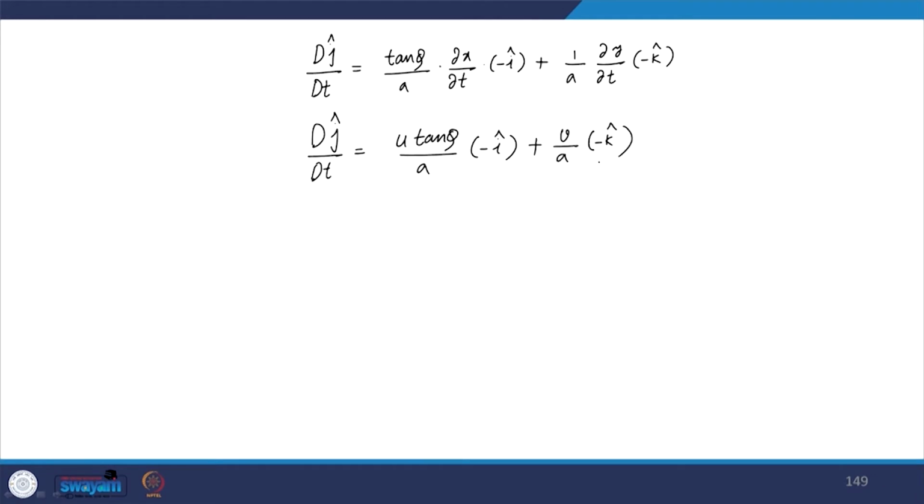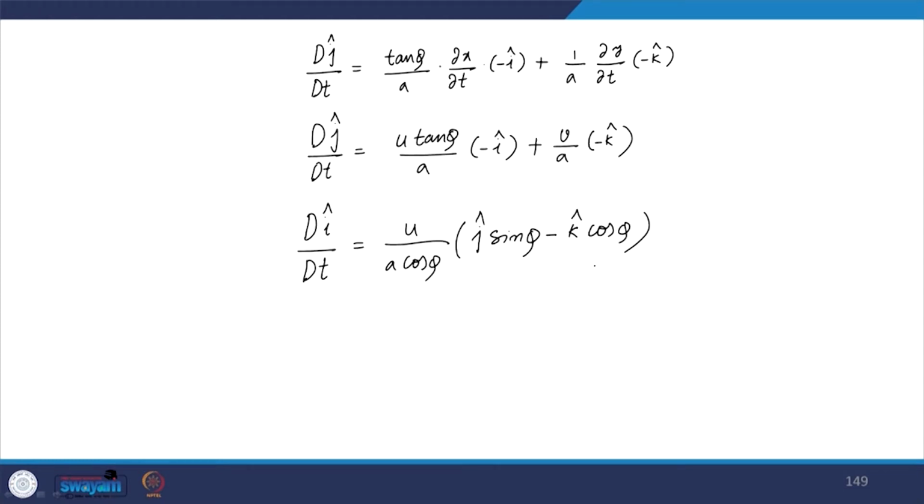right. Just to have a sense of completion, we also write di by dt, which we derived in the previous lecture. Di by dt was found to be u by a cos phi into j cap sin phi minus k cap cos phi, right.